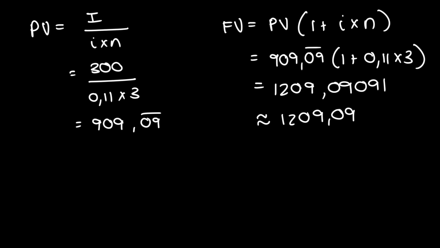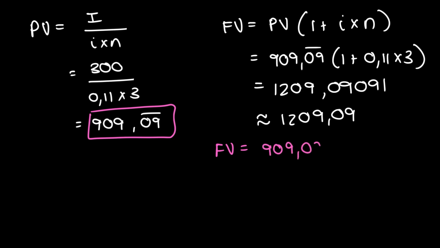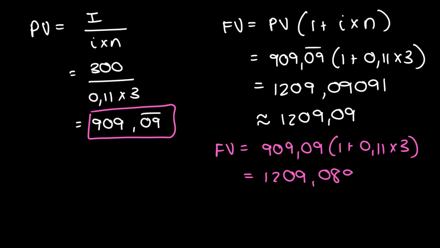Now, what if we didn't take this full amount across? So what if we said future value is equal to 909.09, a rounded off amount, 1 plus 0.11 times by 3, we would actually get this equal to 1209.0897.